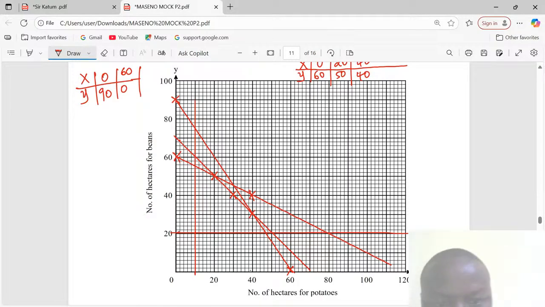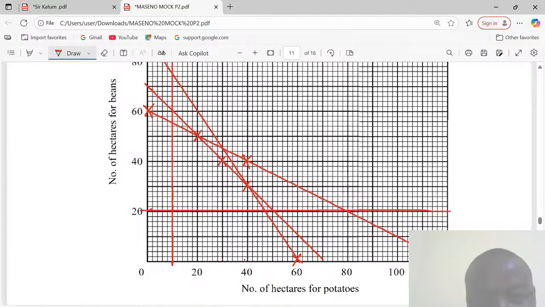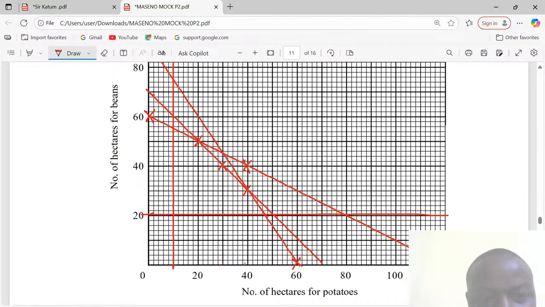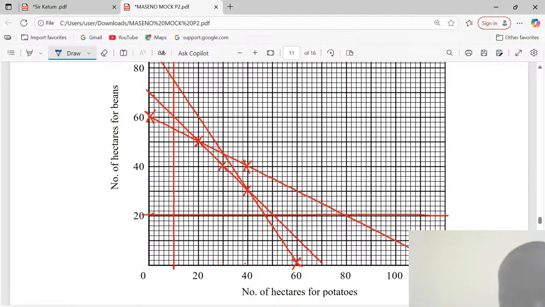the region which has been satisfied by the 5 borderlines. A region which is shaded by all the borderlines, and that is here. So this time round, I'm shading the region and not the lines.